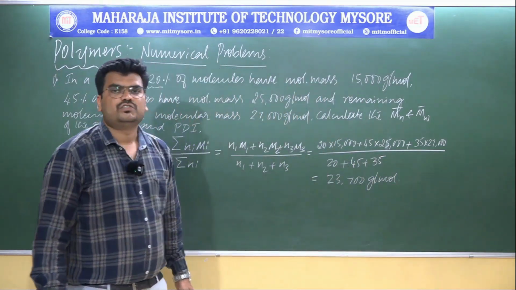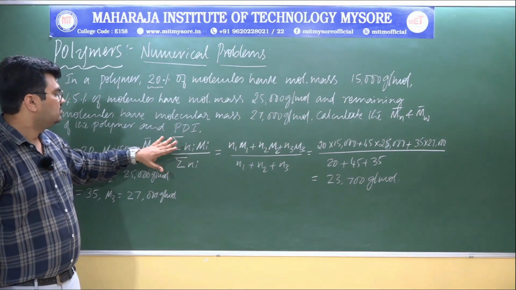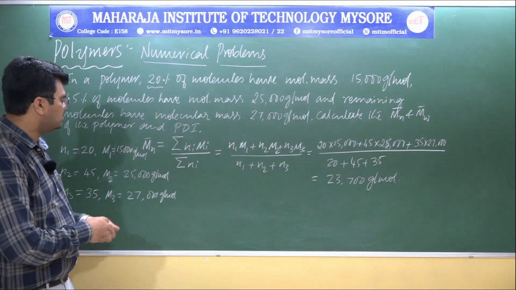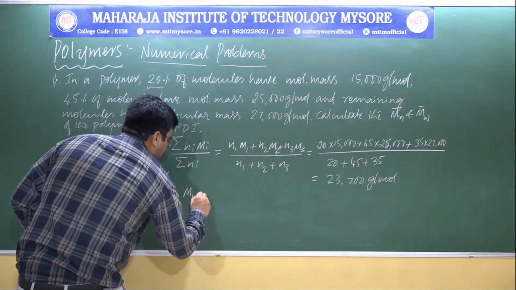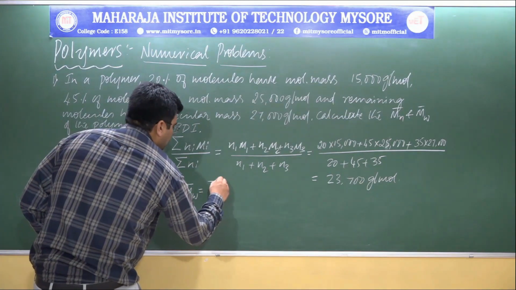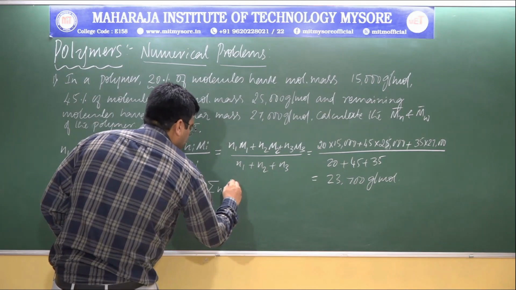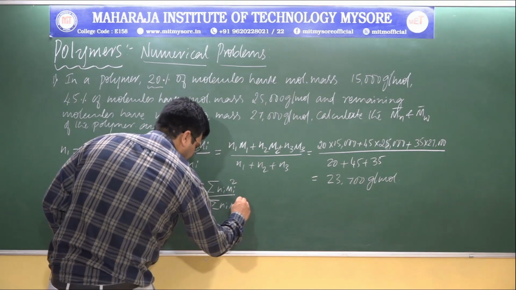right? So in this way you need to calculate the number average molecular weight. Now let us move towards calculating the weight average molecular weight. So that formula is Mw bar is equal to summation of Ni Mi square divided by summation of Ni Mi.